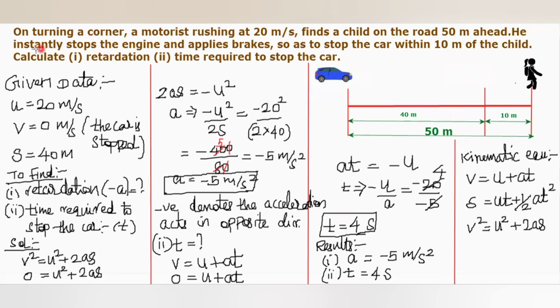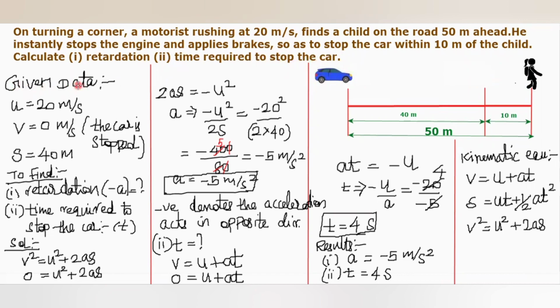He instantly stops the engine and applies the brake so as to stop the car within 10 meters of the child. So we have to calculate retardation and time required to stop the car.